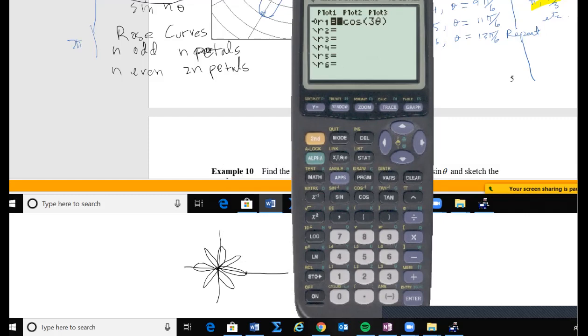Let's look at just plain old, we'll keep the 4 out there and make it cosine 4 theta. Okay. Oh, there it goes. Okay. There. So I missed that last one. Let's make that window a little bit bigger. Or you know what? Let's make the graph a little bit bigger. Make that 4 in there. And that should do it. There it is.